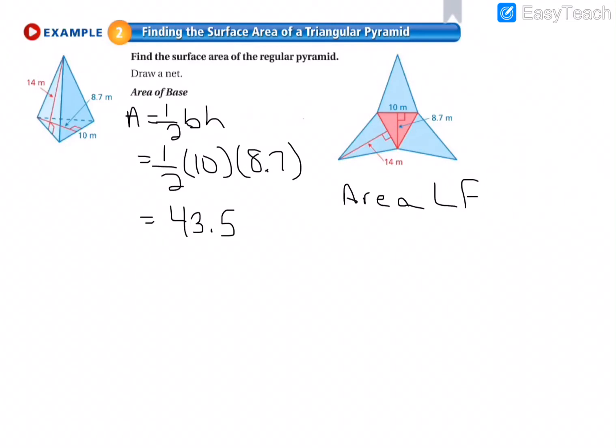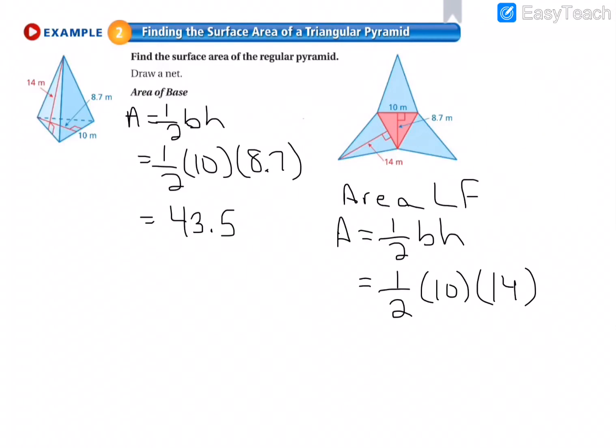Okay, so area equals 1/2 base times height, 1/2 a base of 10, and a height of 14. Half of 10 is 5, 5 times 14 is 70. That's one lateral face. I have 3 of them, so I'm going to multiply that by 3, and I would get 210.